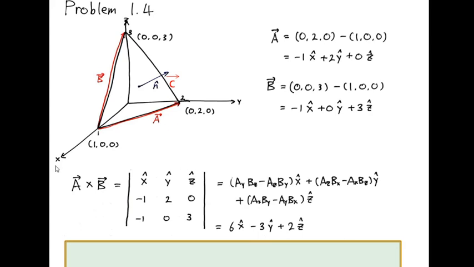and therefore we can solve this problem by taking the cross product between vectors a and b. So the main crux of problem number 1.4 is to find vectors a and b, and then by taking the cross product you will get the outcome.